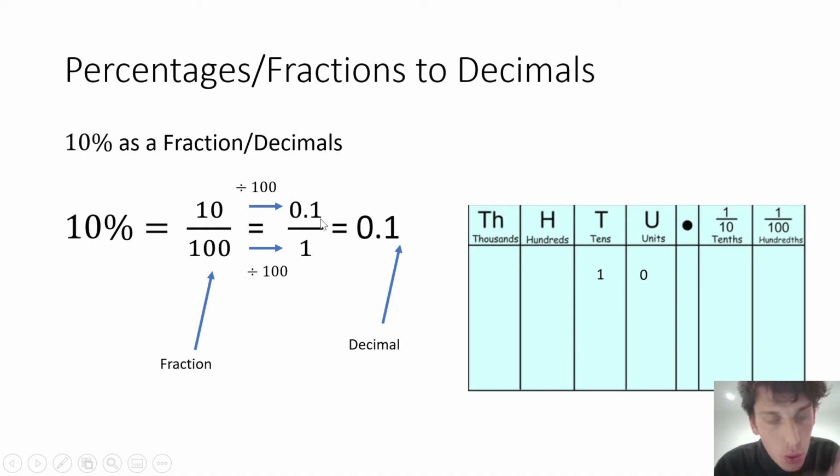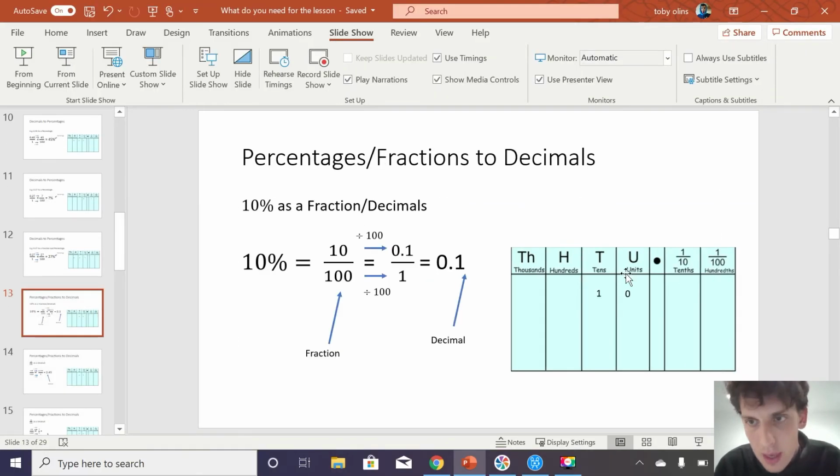Now I'm going to show you how to do that division with my place value chart. Here we have 10, and I want to do 10 divided by 100. With division, if we're dividing by 100, we move everything 2 to the right. So 1, 2.